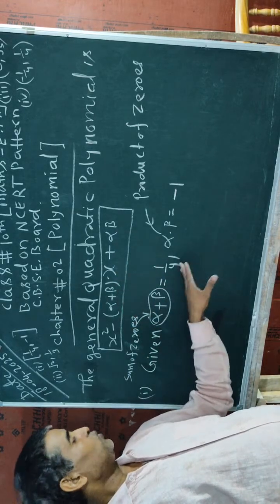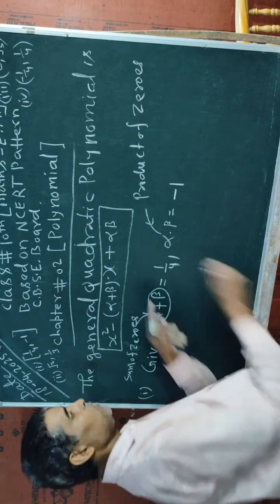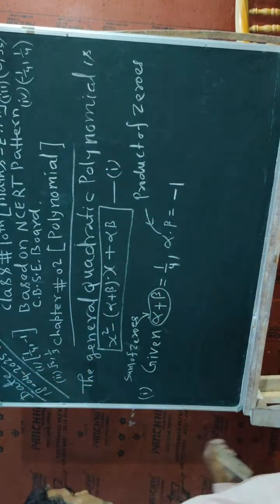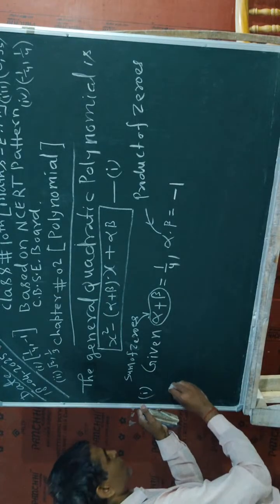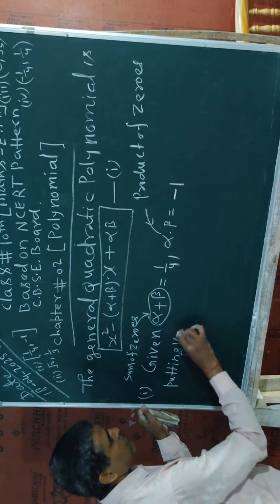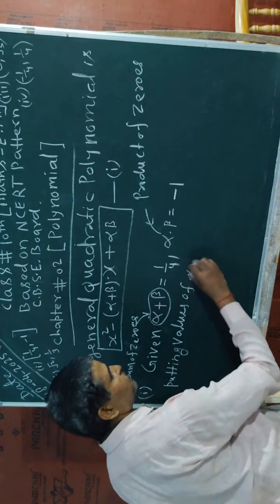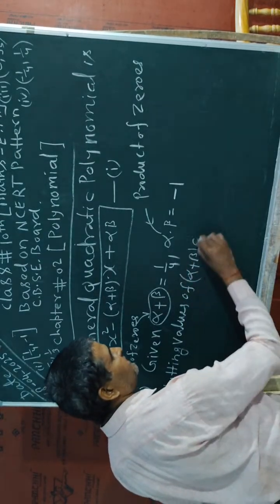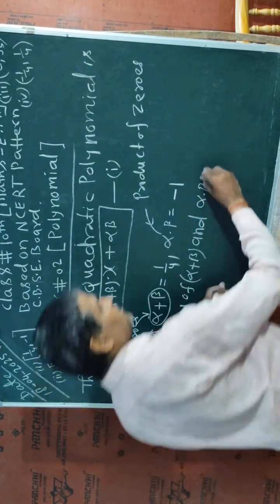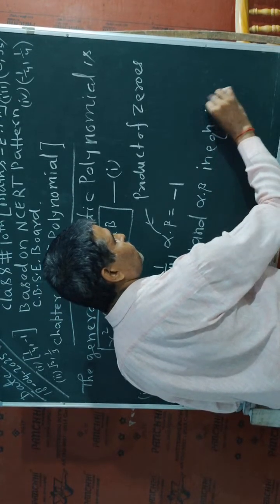So I will set this value in equation number 1. Here I can also say this is equation number 1. So here I will write one piece of information: putting the values of alpha plus beta and alpha into beta in equation 1.